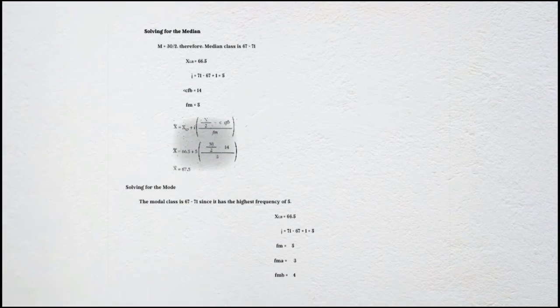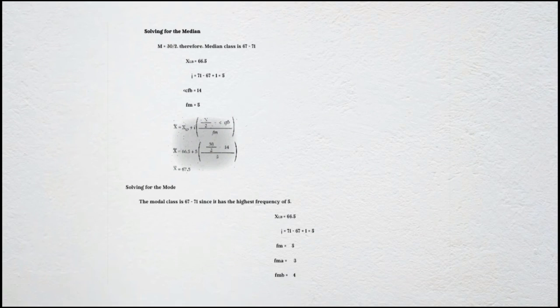The modal class is 67 to 71 since it has the highest frequency of 5. So the lower class boundary is 66.5. The class size is 5. The modal class frequency is 5. The class frequency of the class after the modal class is 3.